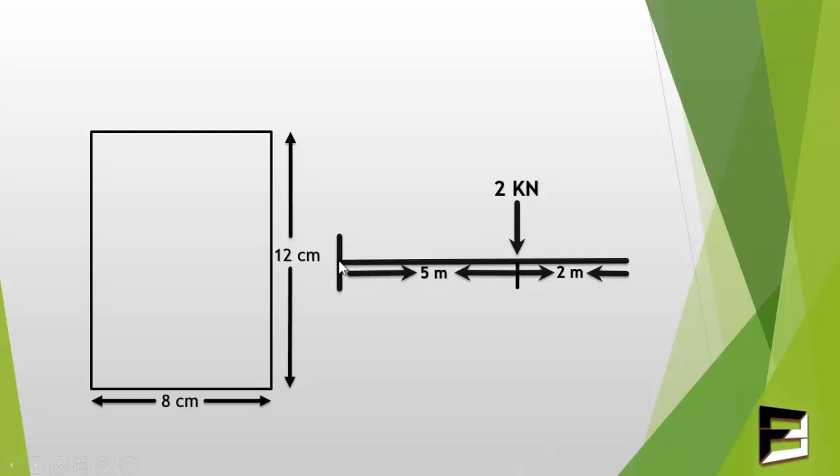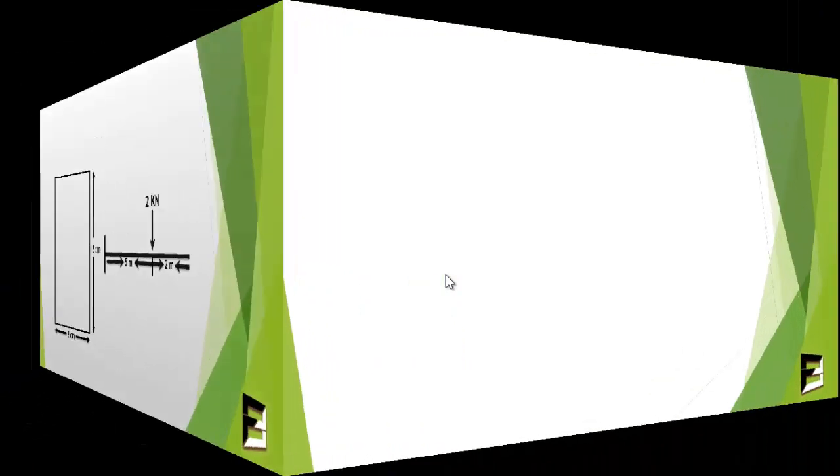The distance from the fixed end to the point is 5 meters, and the other distance is 2 meters. Span is 5 plus 2. The span of the beam is equal to 7 meters.